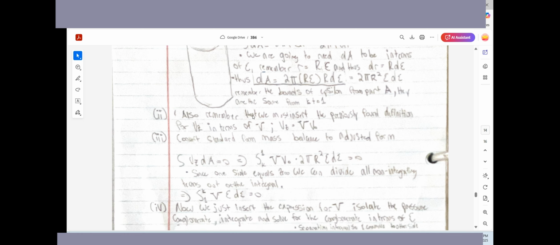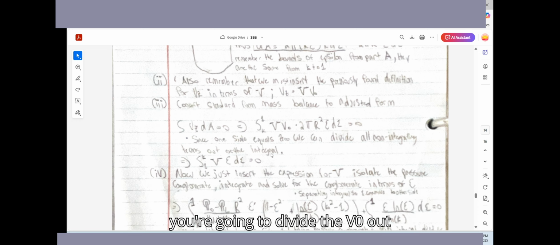And again, you have to change V0 for big V, but it doesn't really matter because you're going to divide the V0 out, because one side equals 0. But you wouldn't be able to divide this epsilon out because it's part of the integral.